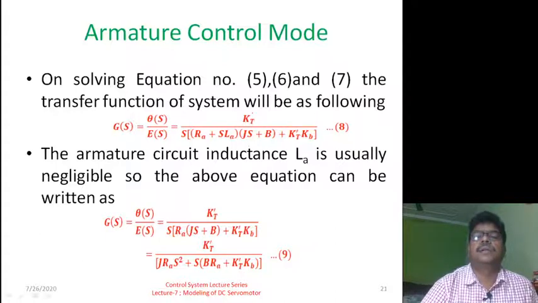Here there is a K_t'. So K_t' upon s R_a, then R_a is multiplied with (J s plus B) plus K_t' K_b, or you can write K_t' upon J R_a s squared plus (B R_a plus K_t' K_b) s.